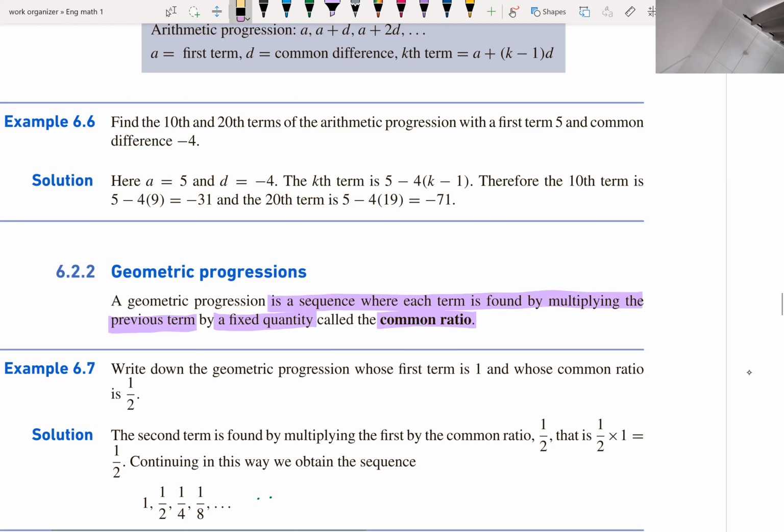So the keyword here is we have to multiply with the common ratio.